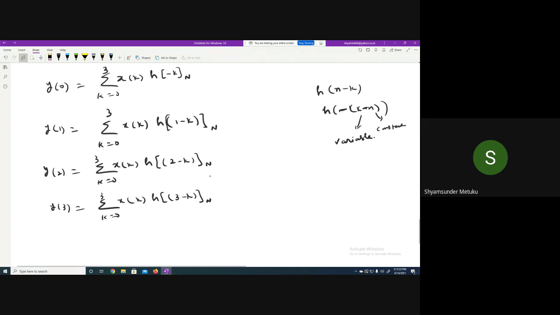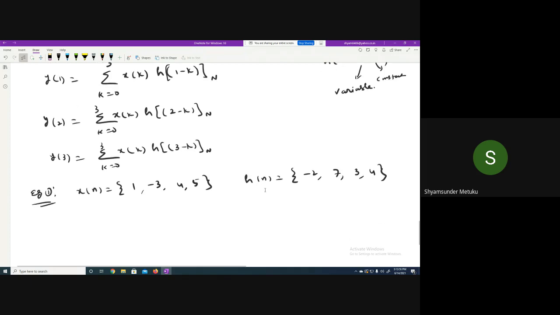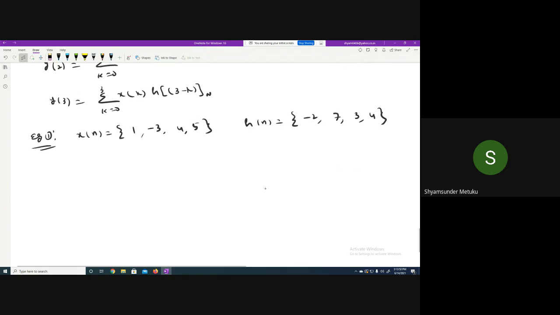Now I'm giving an example. x of n is given as 1, minus 3, 4, 5. h of n is minus 2, 7, 3, 4. Now what is step 1? Change of the axis.